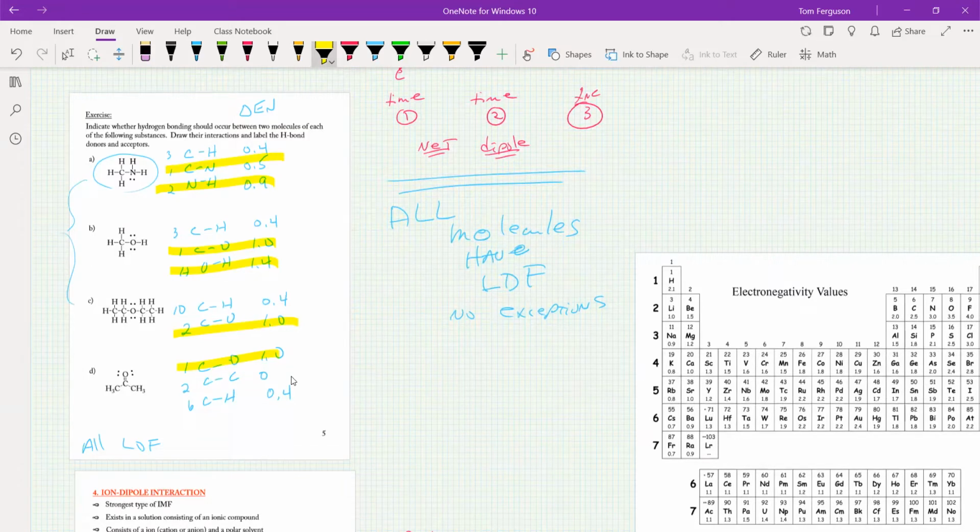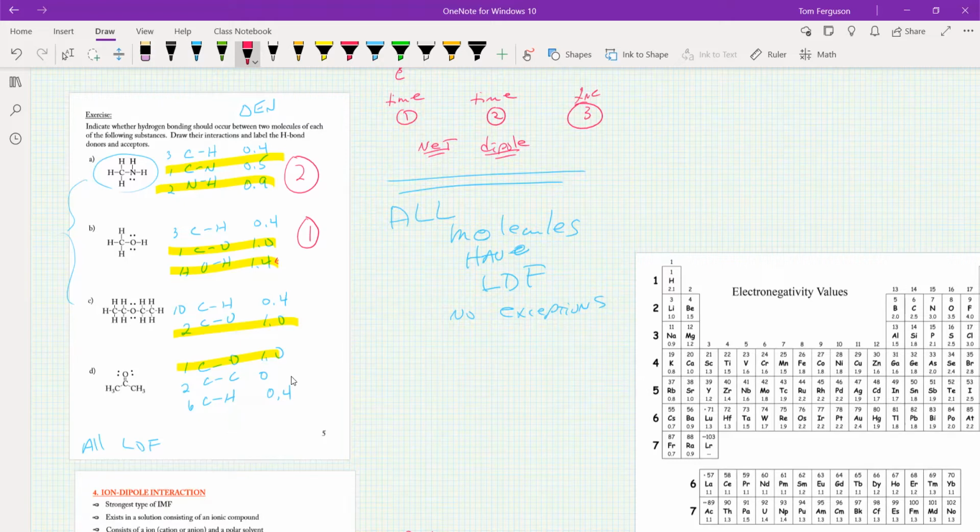So of these molecules, which has the strongest delta EN? Well, probably this one, because of this guy here. Then this one. And between these two, it's kind of a toss-up.